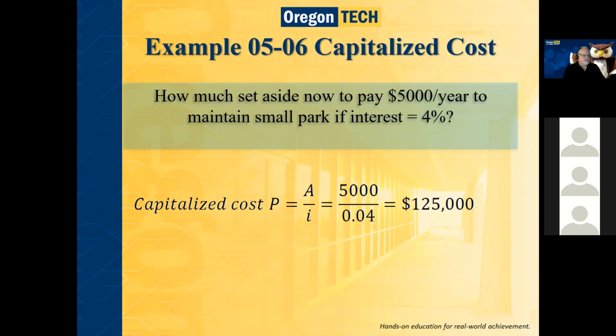Well, you divide the $5,000 a year you want, that A, divided by the 0.04 or 4%. That says in order to be able to draw, if you can guarantee you get 4% a year forever on interest rate, you put $125,000 in the bank, you can pull out $5,000 a year forever. That's what it's trying to do.